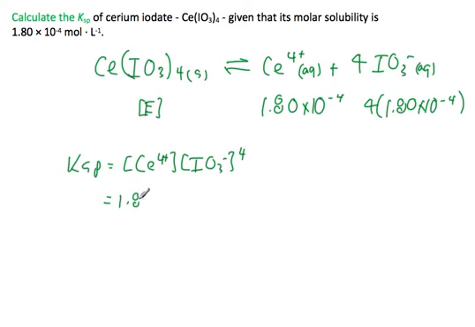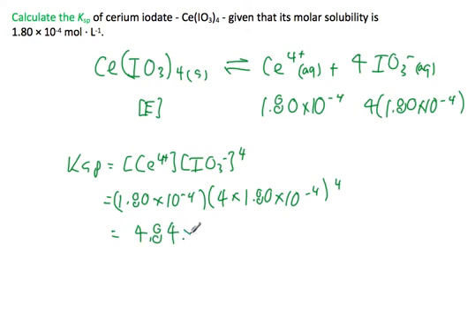Substitute 1.80 times 10 to the negative 4 times 4 times 1.80 times 10 to the negative 4, raised to the power of 4. And so when we put that into our calculator, we get 4.84 times 10 to the negative 17. So the KSP of cerium iodate at this temperature is 4.84 times 10 to the negative 17.